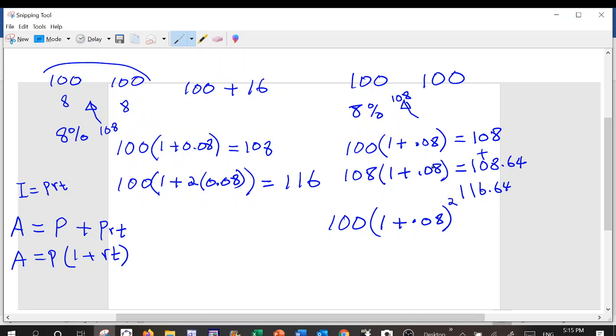Now that you see you make more money, you can divide the year into 2. You say, okay, you owe me $100 the first 6 months, and I'm going to charge you 4% for 6 months, because it's 8% for the whole year.